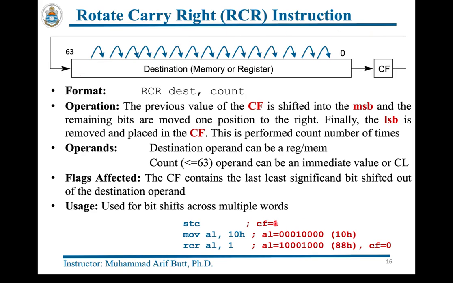So this carry flag contains 1, this is moved from this side, so you can note that after the RCR instruction executes, we have a 1 over here. Rest all the bits have moved 1 position to the right. And over here the least significant bit is moved inside the carry flag. That is great.